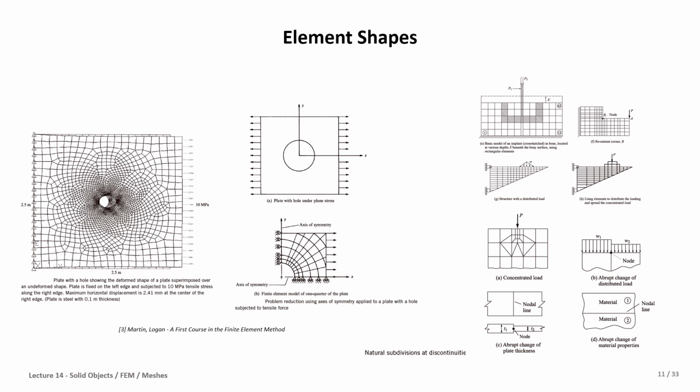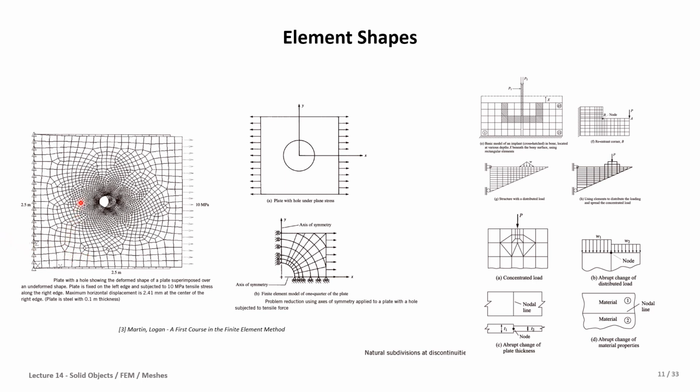According to the previous slide, we talked about the aspect ratio, and we can see here in a different example with a different domain how the element is working. In some areas, we need to have a fine element to be able to solve the problem correctly.